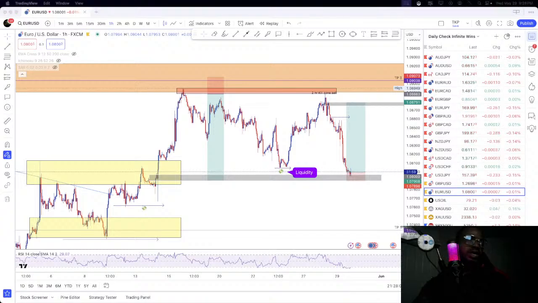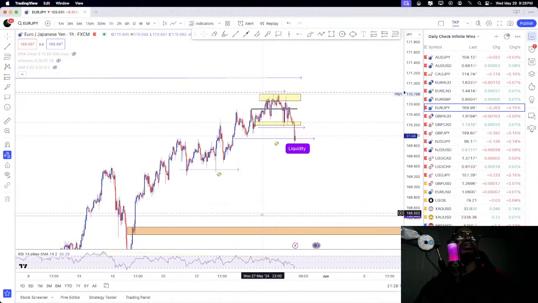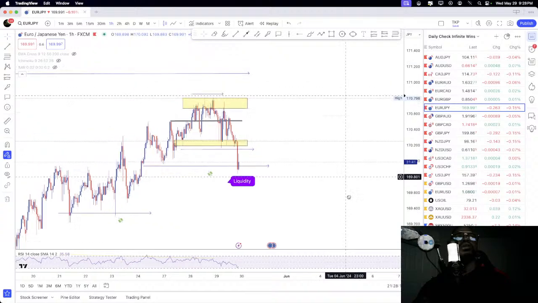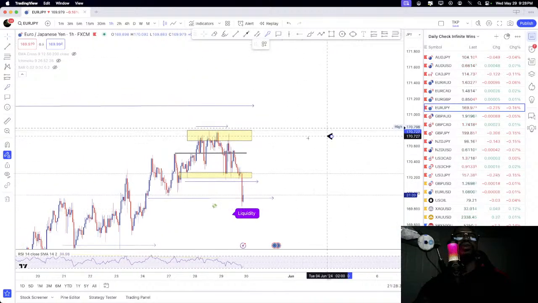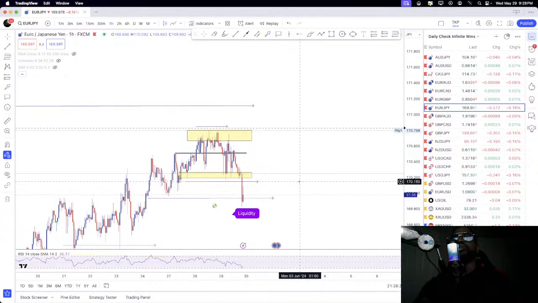We took a Euro JPY sell. Oh damn, that thing turned out well. We waited until this structural level right here got retested, and we took this Euro JPY sell.